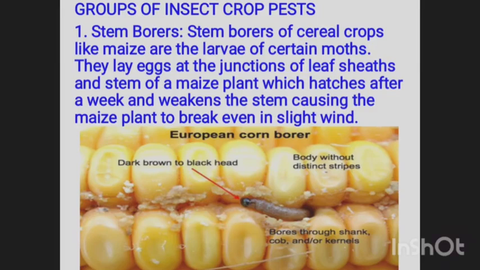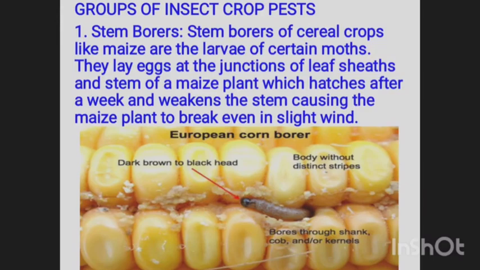Let's look at groups of insect pests. The first group here is the stem borers. The stem borers bore holes into the stem of plants. They lay their eggs at the junction of the leaf shoots, and when these eggs hatch into larvae, they go into the stem, bore holes into it and weaken the stem, so that it is not strong enough and breaks even at the slightest wind.